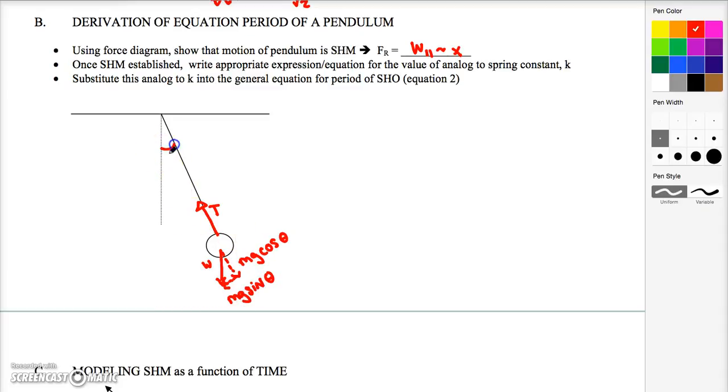And if we have an angle here of theta, then the distance away from that equilibrium position, we'll call that x.